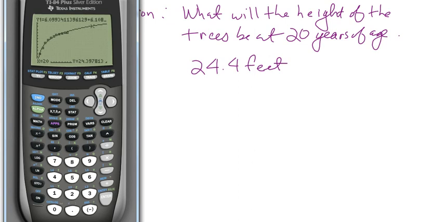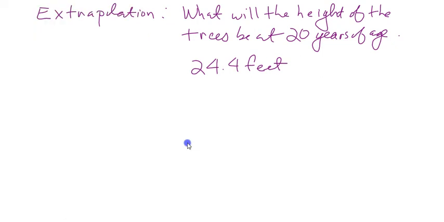And the last thing that we do sometimes is we ask, if the average height of the tree is 10 feet, then what age would the tree be? So if the average, let's change that, 10 is boring.